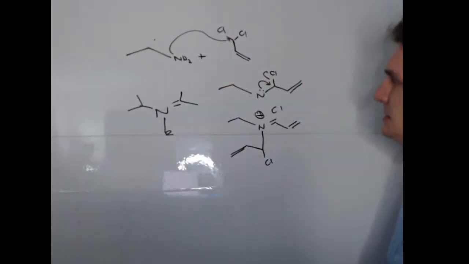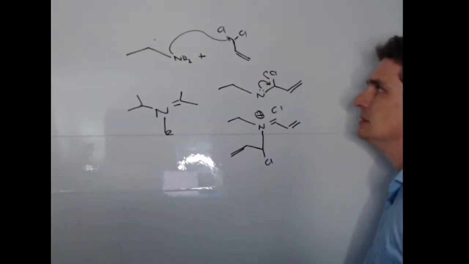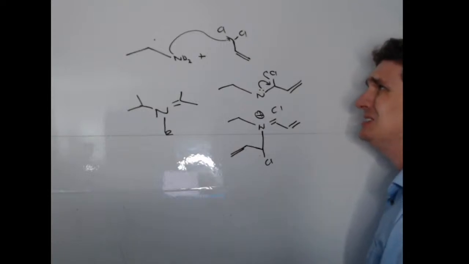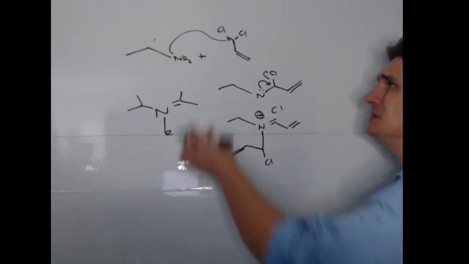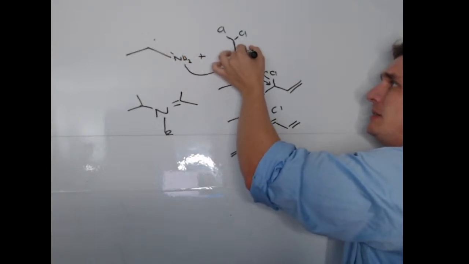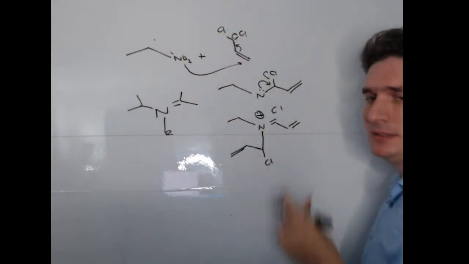I mean, another option. It could attack the lone pair, but that would be such a weird reaction. Okay, so another option is that it attacks the double bond. That kicks the bond up, gets rid of your chloride.